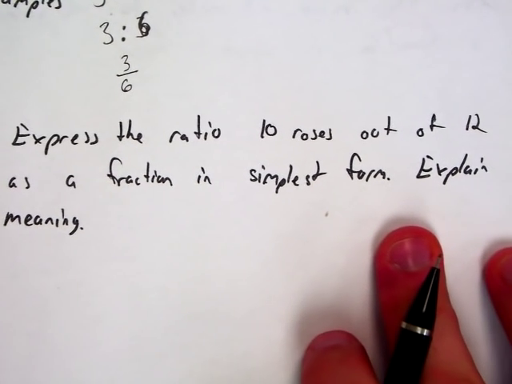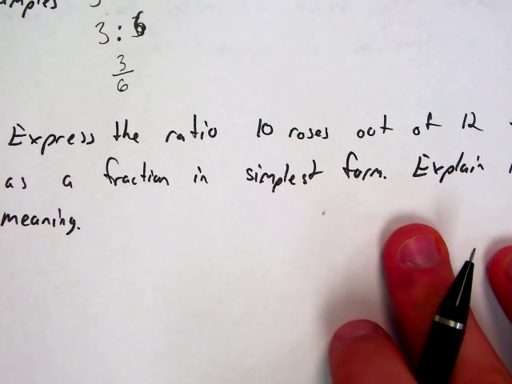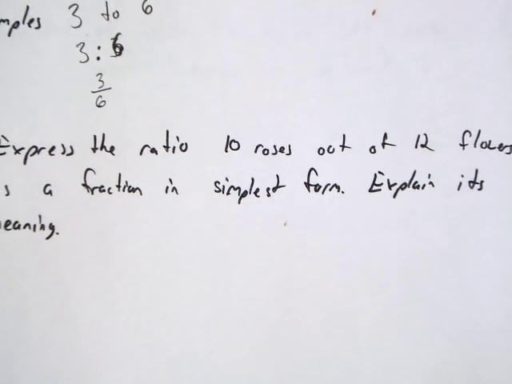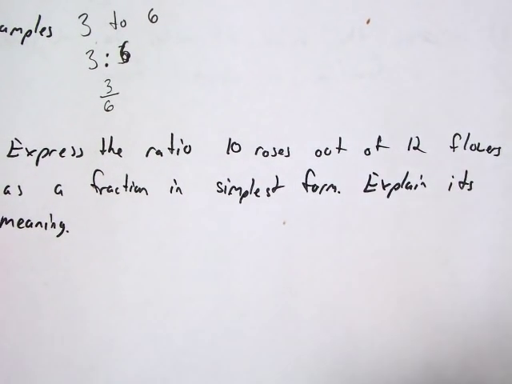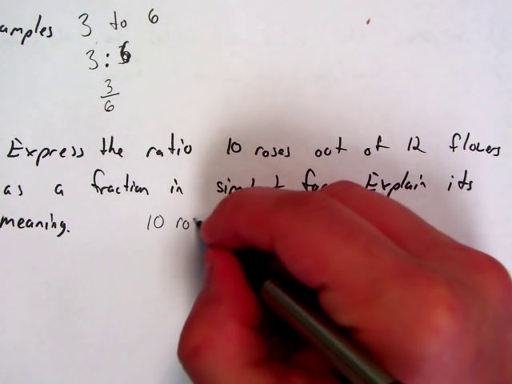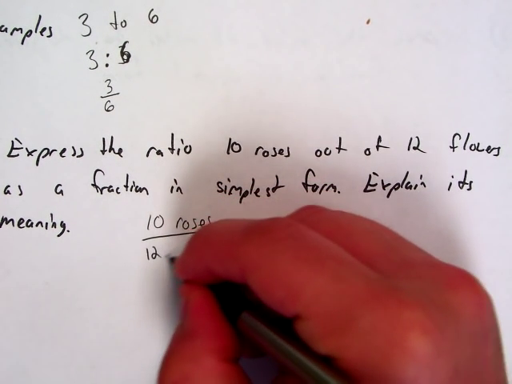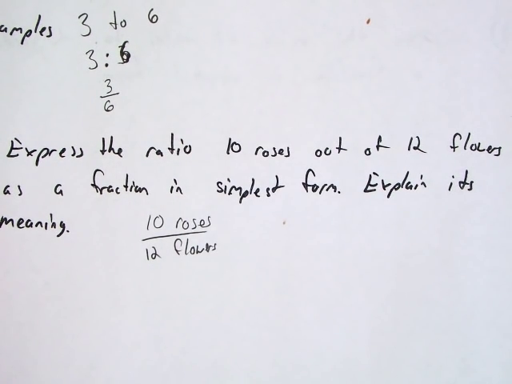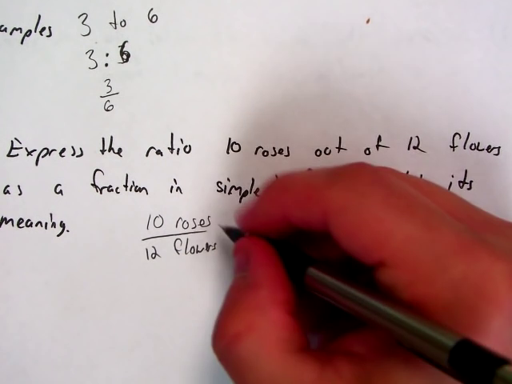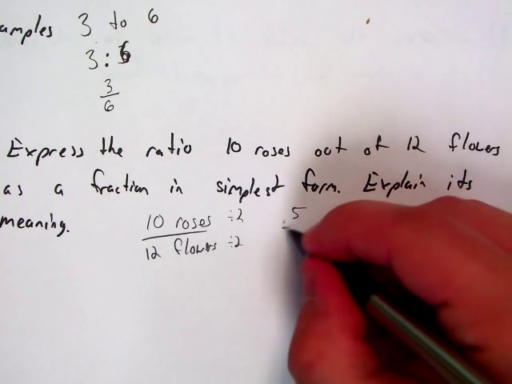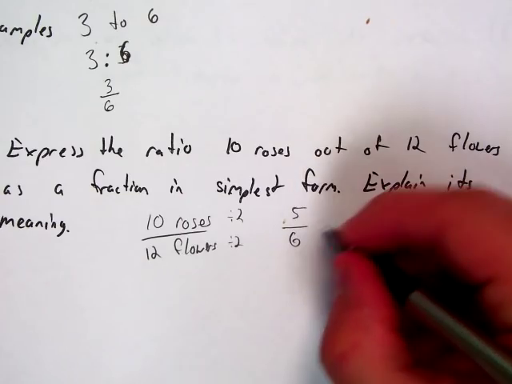So example 1, it says express the ratio 10 roses out of 12 flowers as a fraction in simplest form and explain its meaning. 10 roses out of 12 flowers. There's a common factor of 2 here, so if I divide by 2, 10 divided by 2 is 5, 12 divided by 2 is 6.